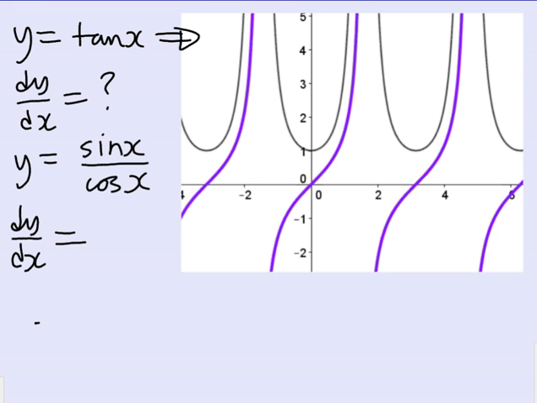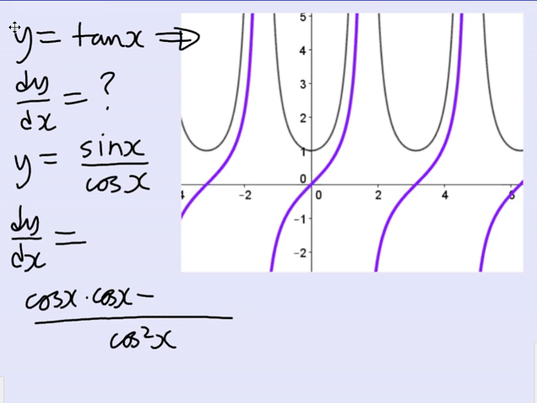And that tells us we have cosine squared x on the denominator, then cosine x, you copy and paste it there, multiplied by the derivative of sine. Well, we know that. It's cosine x. Minus, then we leave sine by itself, and we multiply by the derivative of cosine, which is minus sine. Minus sine, that means I can change this to a plus.